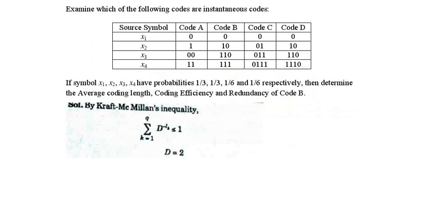The probability of x1 is 1 by 3, and the probability of x2 is also 1 by 3, and then 1 by 6, 1 by 6, 1 by 6, 1 by 6.